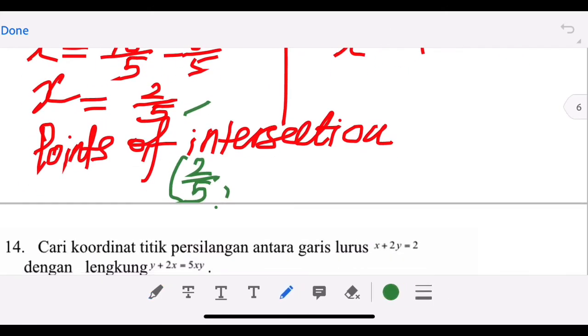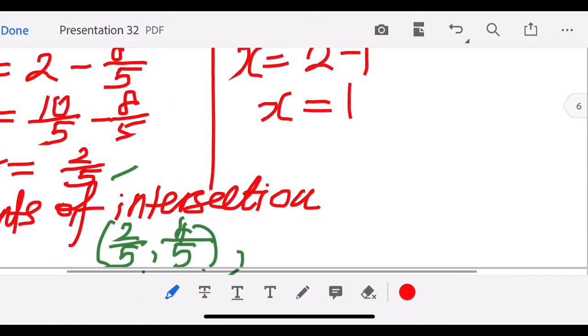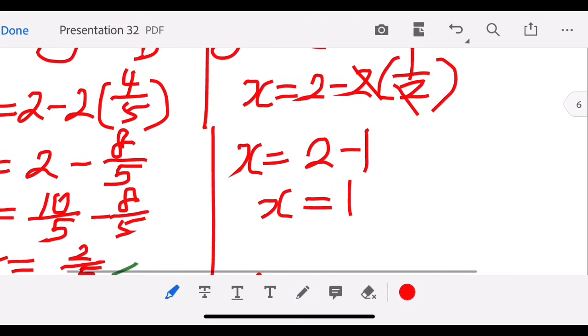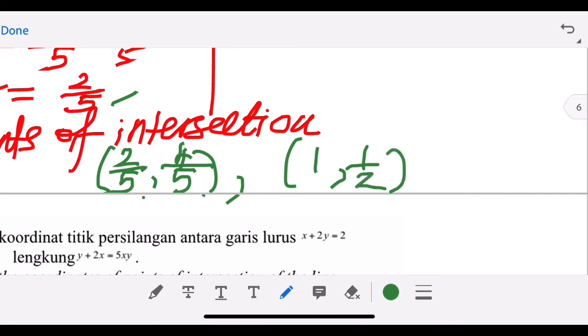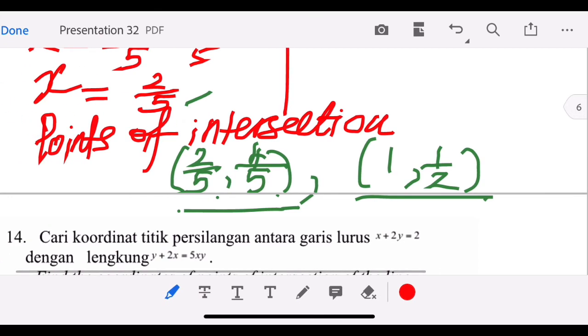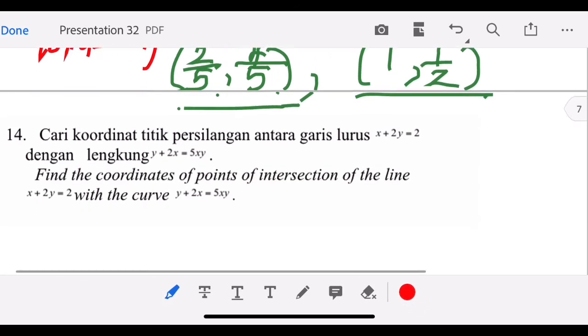We have another one when x is 1, and the value of y is 1 over 2. So the points of intersection are (2/5, 4/5) and (1, 1/2). There are 2 points of intersection. You must write in point form with the coordinates. This is a very important step because this is a paper 2 question.